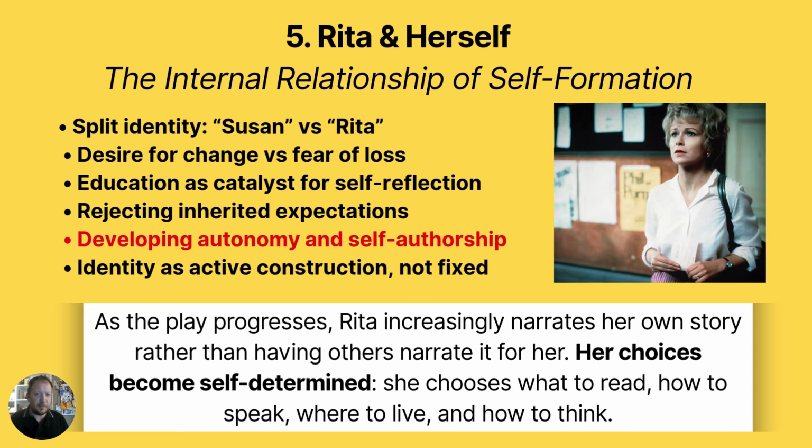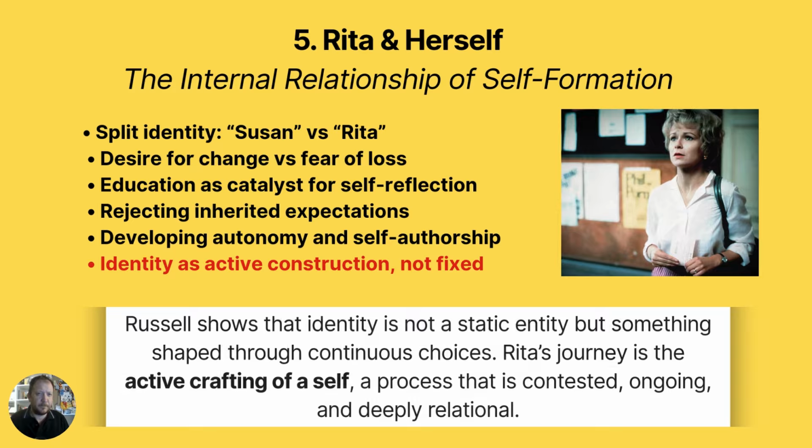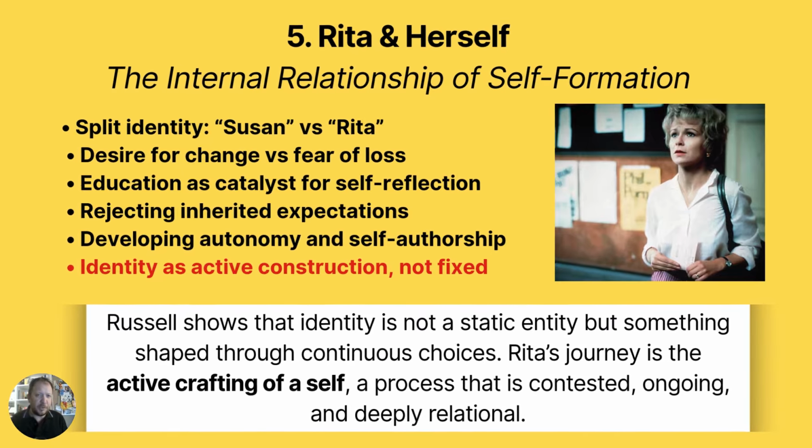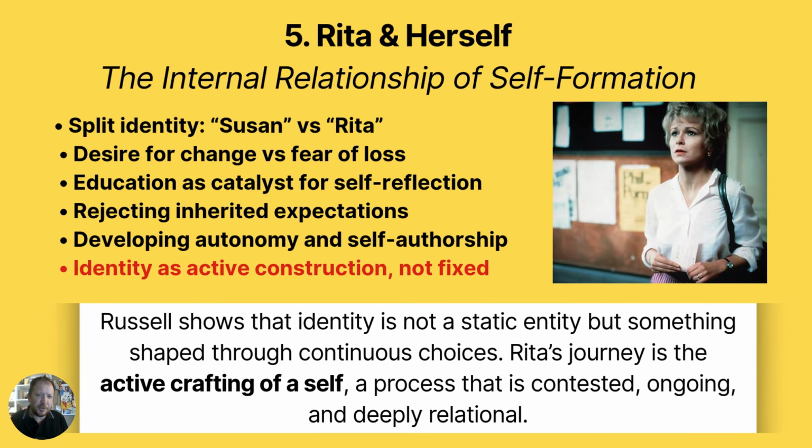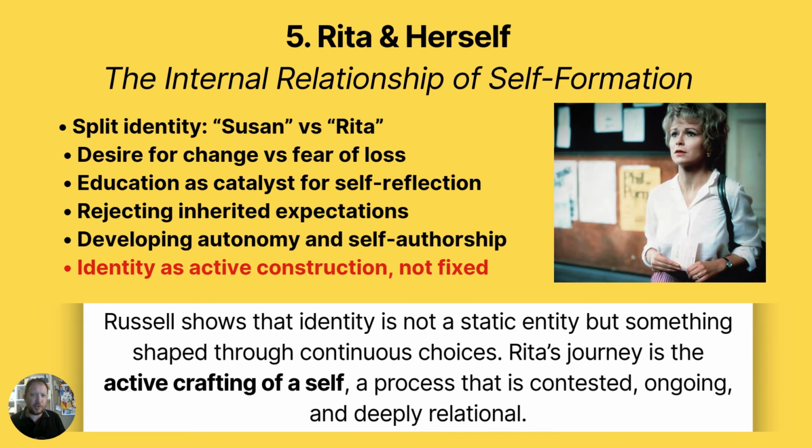Education equals freedom. And then finally, Russell shows that identity is not a static entity, but something that is shaped through conscious choices. Rita's journey is the active crafting of a self, a process that is contested, ongoing, and deeply relational.